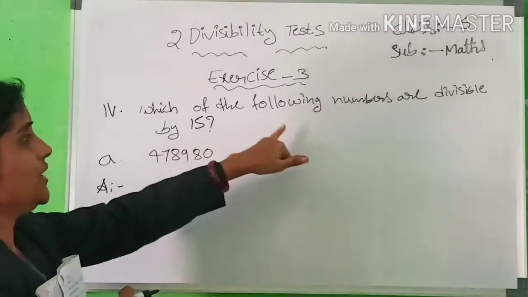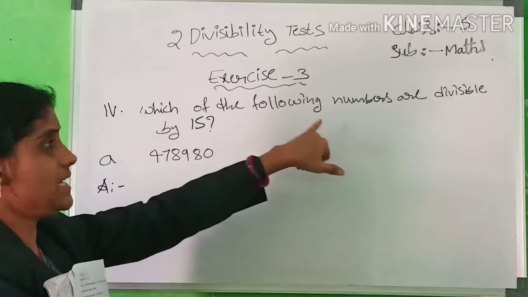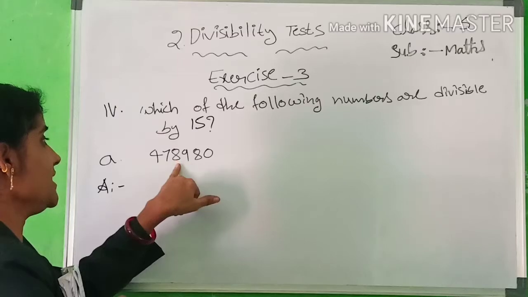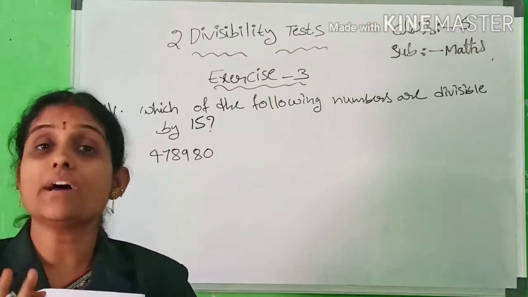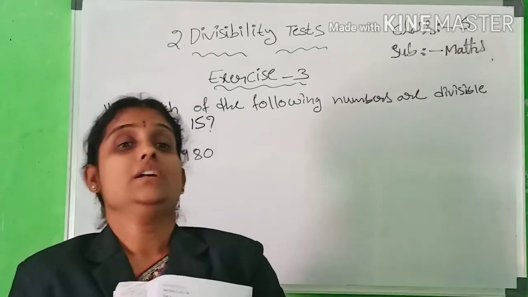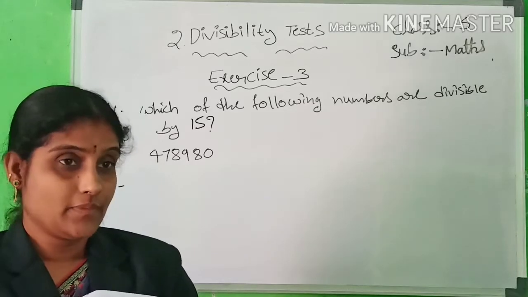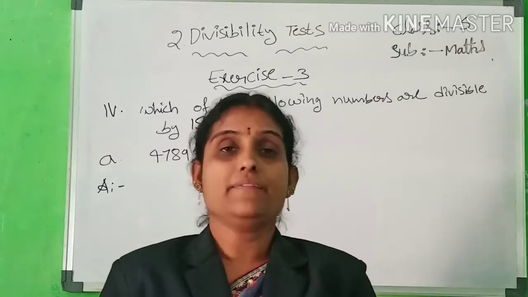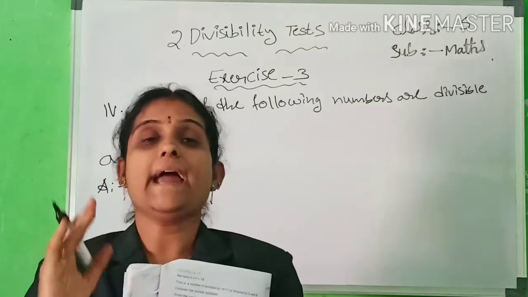Okay, children. Next bit, 4th bit. Which of the following numbers are divisible by 15? 4,78,980 is divisible by 15 or not? You have to check. First of all, tell me what is the divisible by 15 rule? A number is divisible by 15 if it is divisible by 3 and 5.